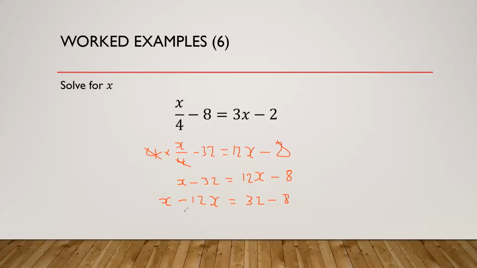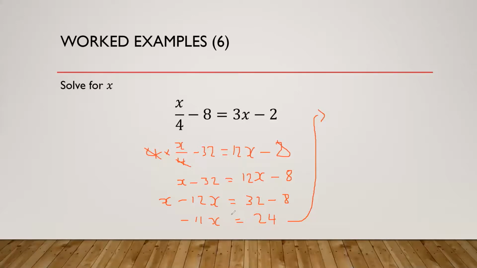So now x minus 12x is just minus 11x. 32 minus 8, that's just 24. I'm just going to continue up here.